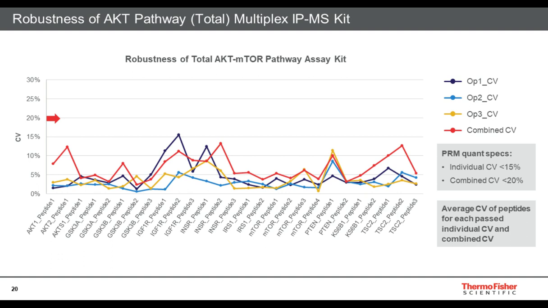And if you look at the robustness of the AKT pathway total multiplex IP-MS kit, again, with the three operators, each operator in triplicate, we were able to get CVs less than 15% for almost all the peptides. So overall, for both of these AKT mTOR total and phosphorylated multiplex panels, we were able to get CVs as low as single digit for a lot of these target peptides.